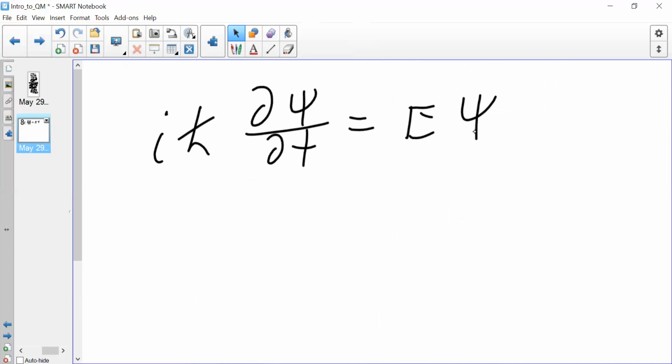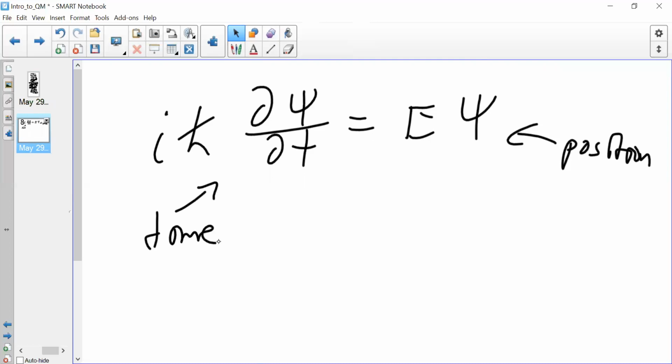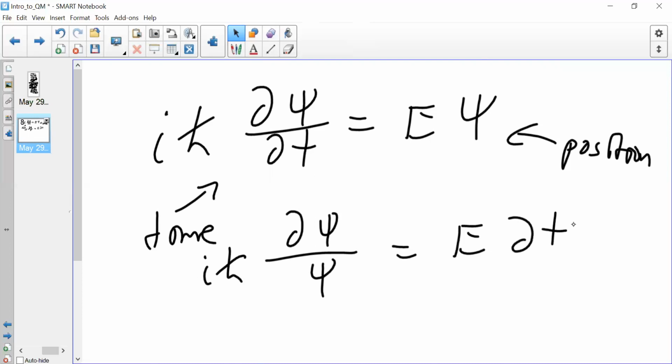Energy is a function of time, energy is a function of position. So this is position or time independent, and this is time dependent. So in the first order differential equation, we group the terms just like we did in the second order. The iħ equals E dt.